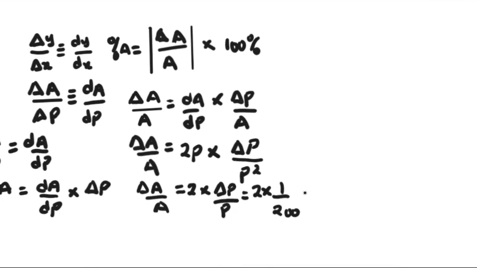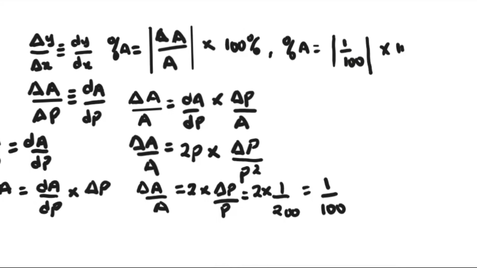Okay, so now 2 times 1 over 200 is going to give us 1 over 100, because 2 in 200 will give us 100. So we'll go back to this formula. Therefore, our percentage increase in our area will give us the absolute value of our delta A over A, which is 1 over 100 times 100%.